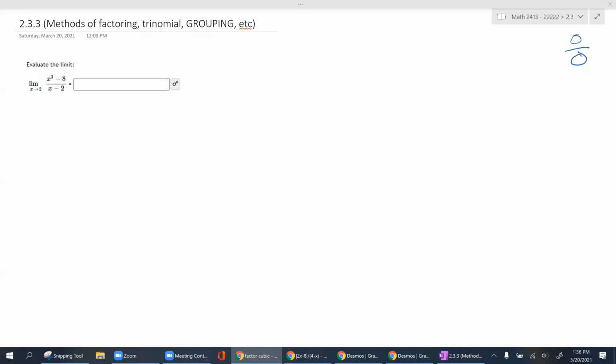As you may have already seen, x cubed minus 8 has the form a cubed minus b cubed. You're learning how to factor these cubic functions, and there's also a cubed plus b cubed. You'll see something like this on your exam.